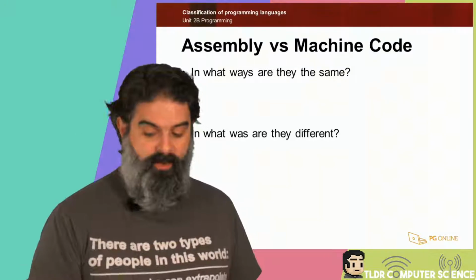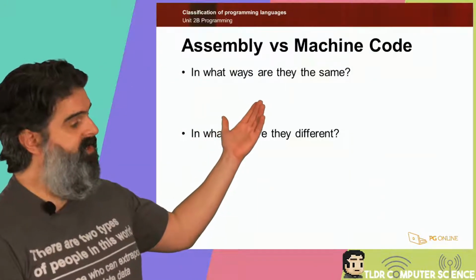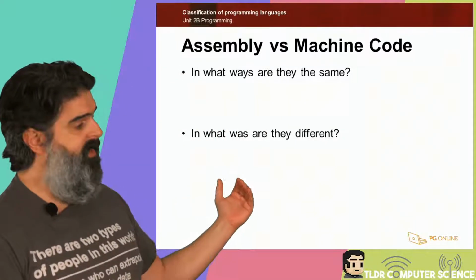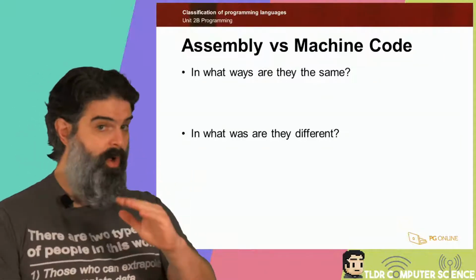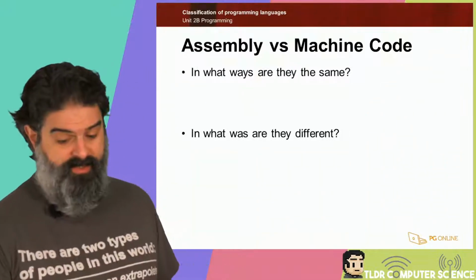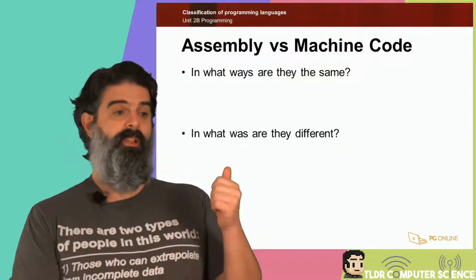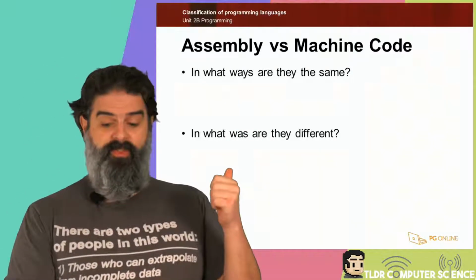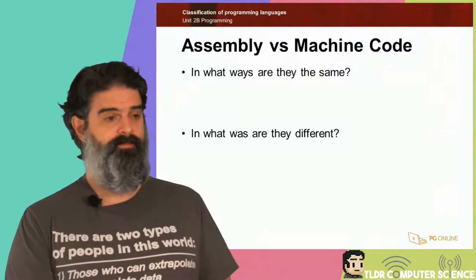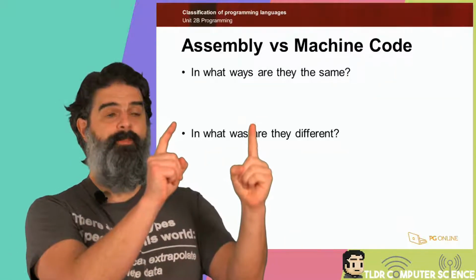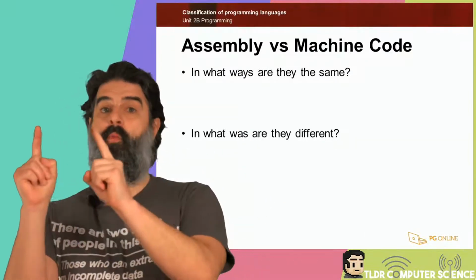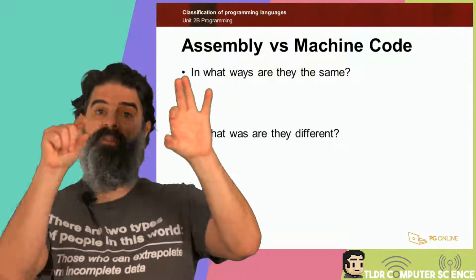So, in what ways are assembly language and machine code the same? In what way are they different? We'll go over it, but I just want you to think about it for a moment. Here are some of the ways that they're the same. They're both low-level languages. One line of assembly code turns into one line of machine code. It's called a one-to-one relationship.